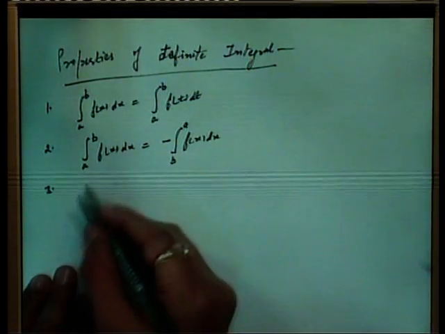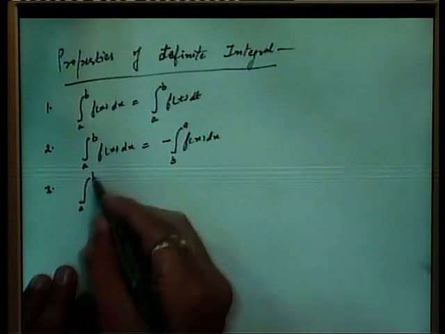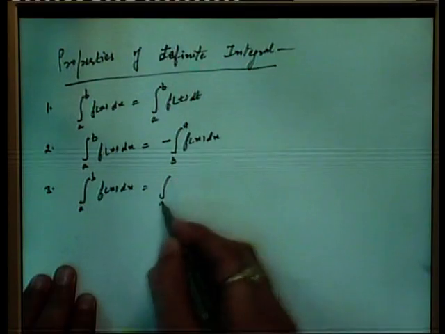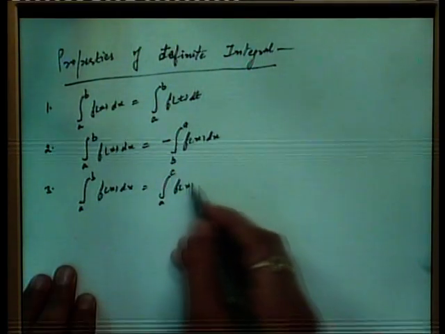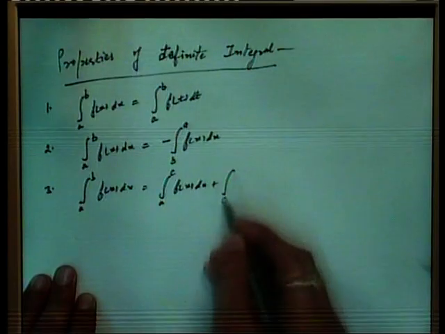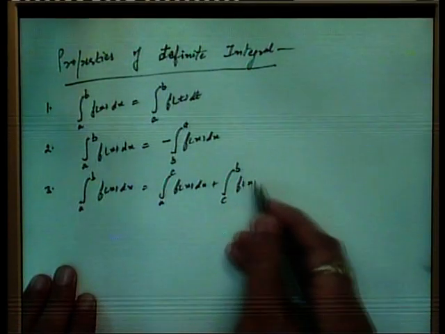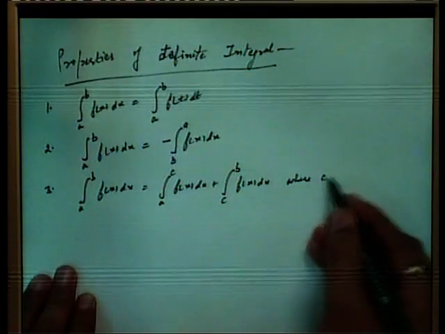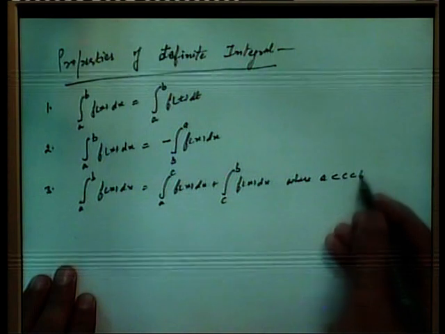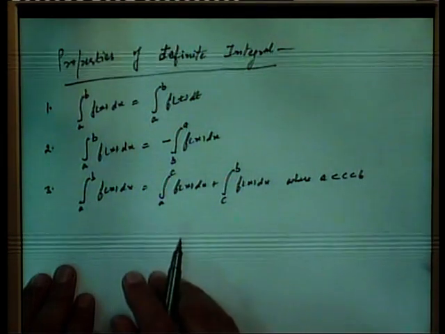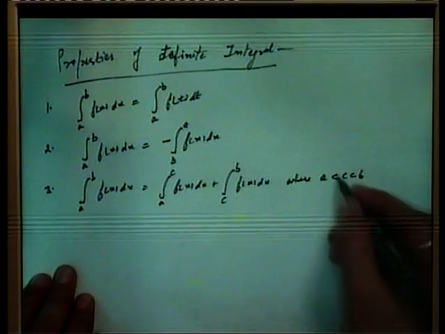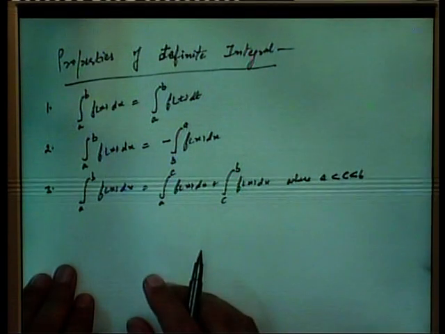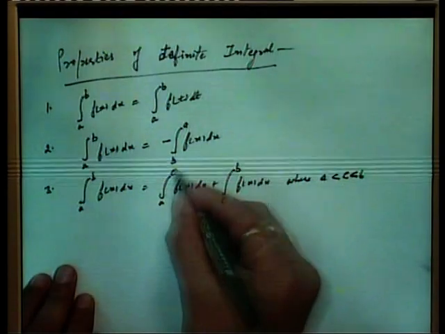Third property: we can divide the integral from a to b into two integrals, a to c of f(x) dx plus c to b of f(x) dx, where it should be remembered that c lies between a and b. It must lie between a and b, the lower limit and the upper limit.